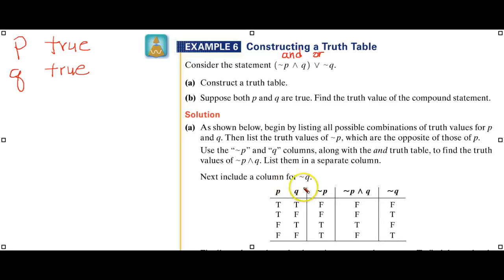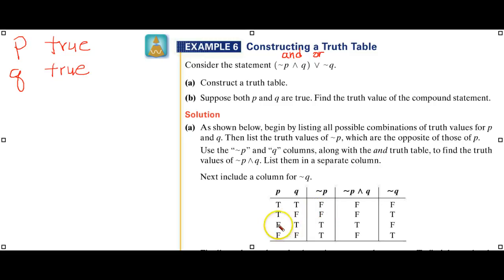So as we start to list this, it's just going to list all the possible combinations of P and Q. So they could both be true. One could be true, one could be false. One's false, one's true, both false. Now, if we negate the P, then this will be false. This will be false.